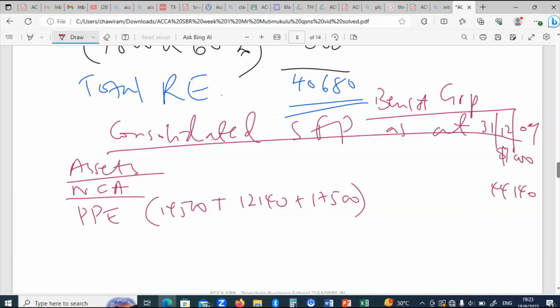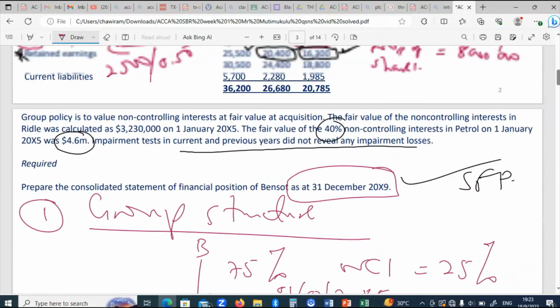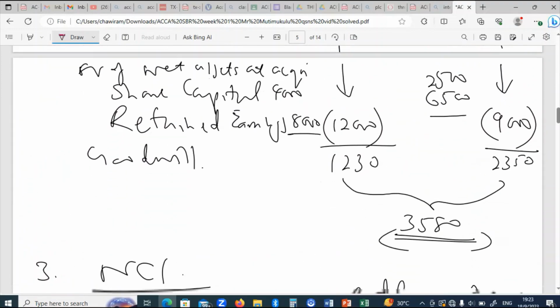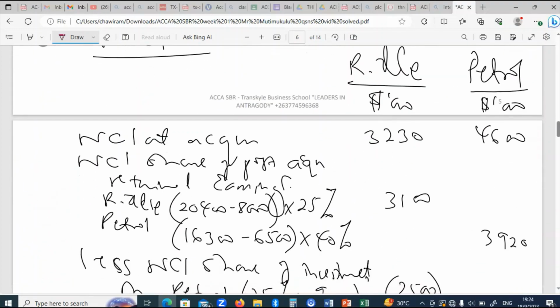All right, and then the other thing here, we are not going to check this figure. I mean, these figures are not going to be taken for the purpose of consolidated statement of financial position. Okay, the only figure that is going to appear is the goodwill in respect of those companies.